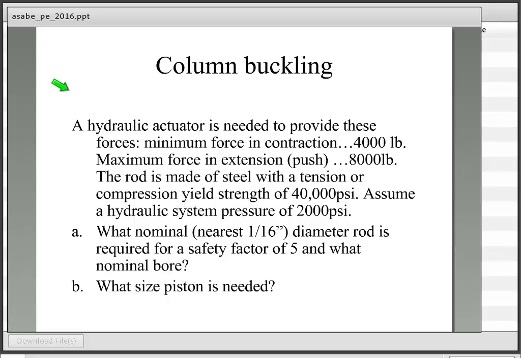I've got a section here on column buckling. Let me go through this pretty quickly.